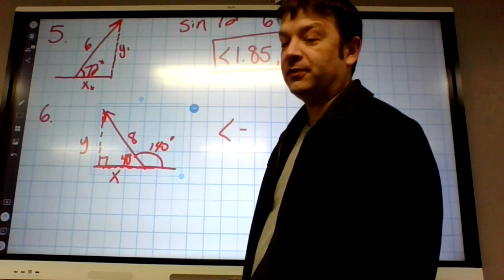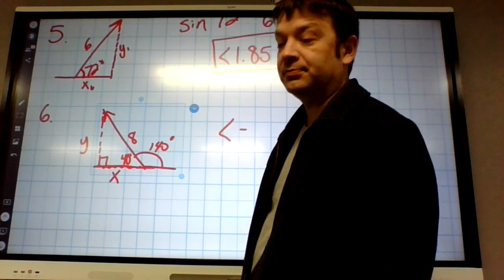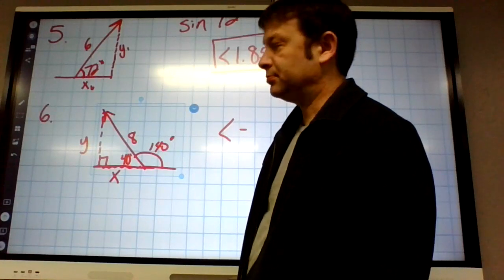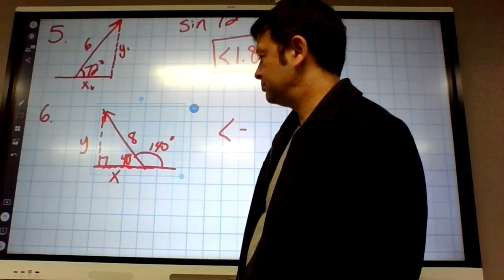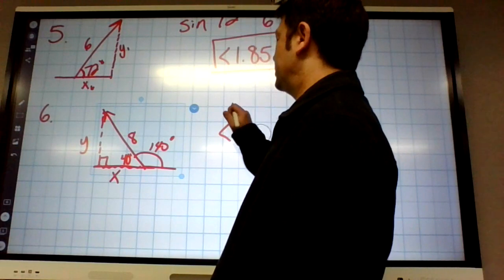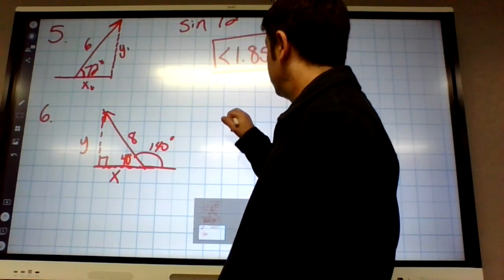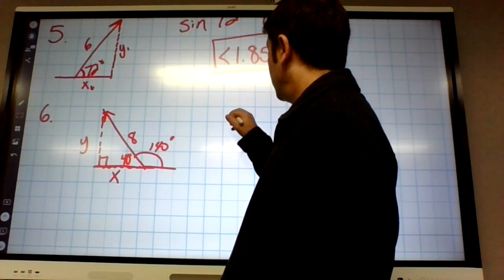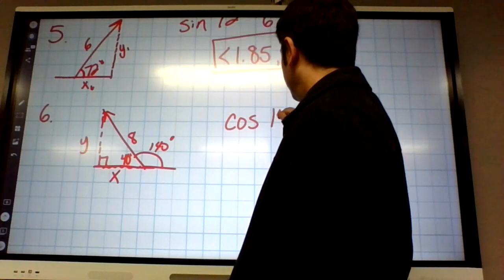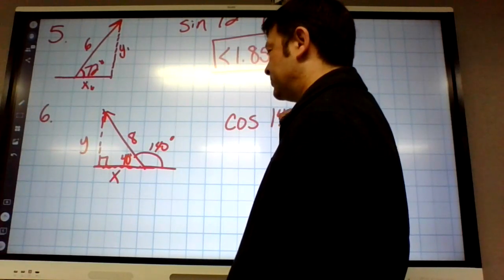Okay, what's cosine of 40 then? Probably going to be positive. 0.766. Oh, duh. My bad. My brain is not working. Okay, cosine of 140.